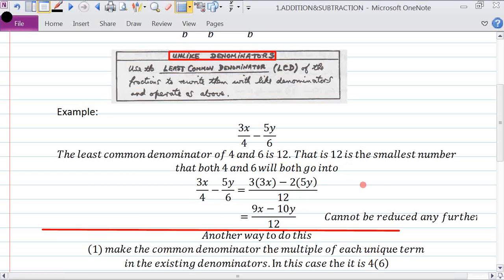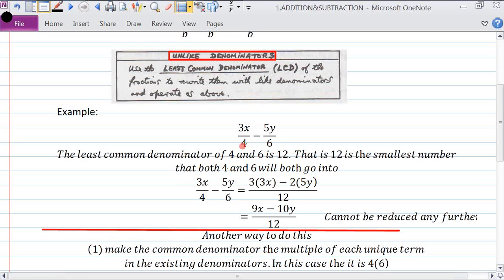So now what I do is I say 4 into 12. 12 divided by 4 gives me 3. And that's that 3 here. I put that up here. 12 divided by 6 is 2. That 2 goes over here. This term stays here, and this term stays there. I'll go over that again.